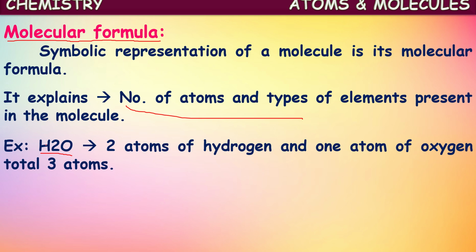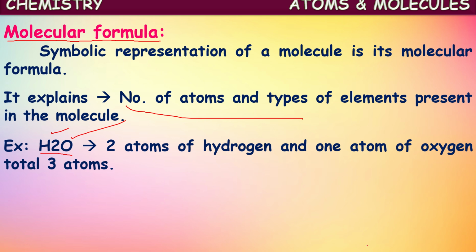Two atoms of hydrogen, one atom of oxygen, combining together, giving rise to what? The molecule of water. So that means the molecular formula is the symbolic representation of the molecule of a compound.